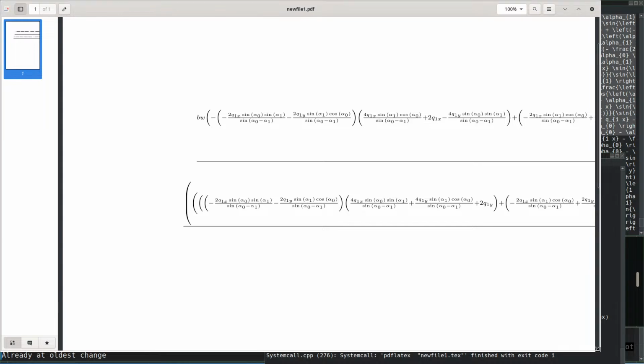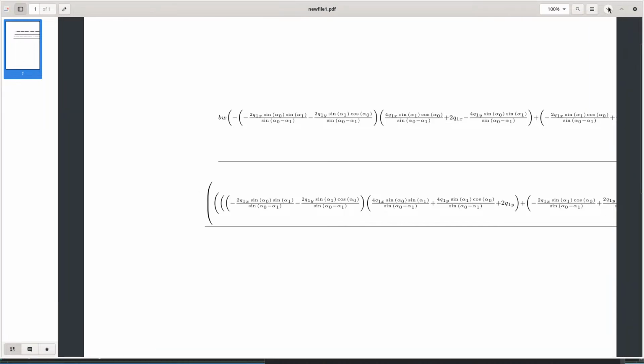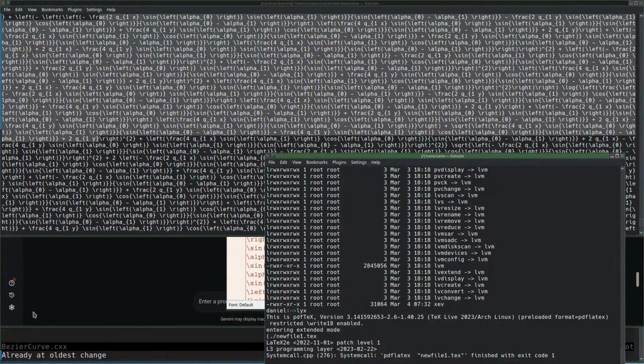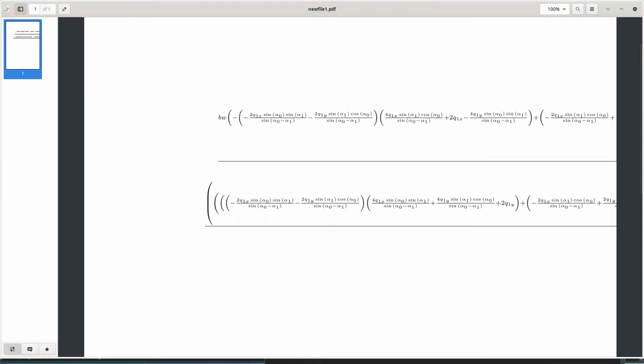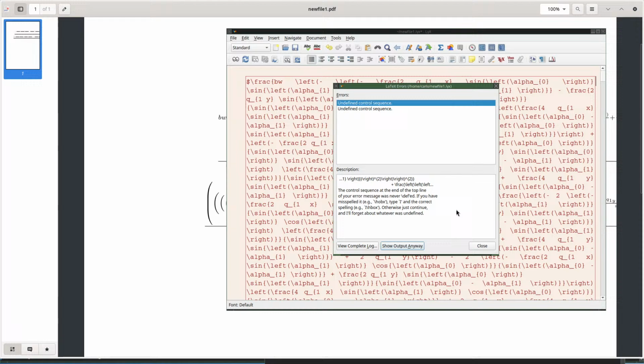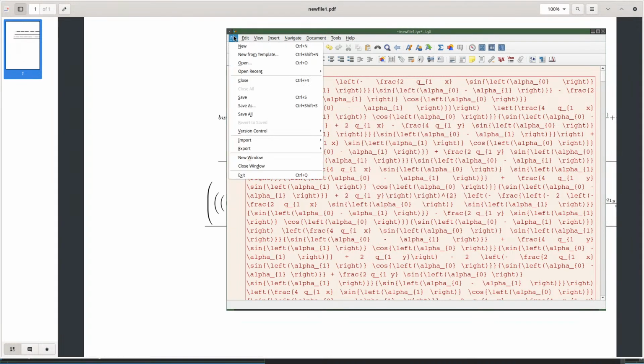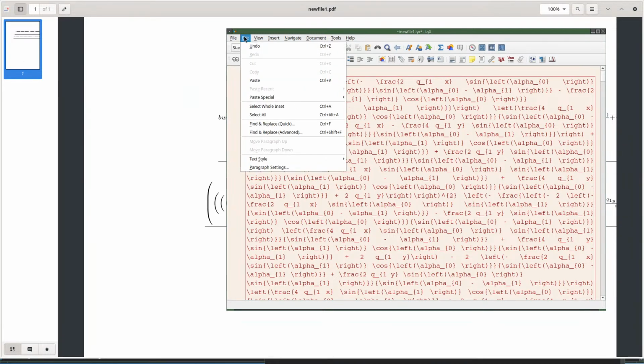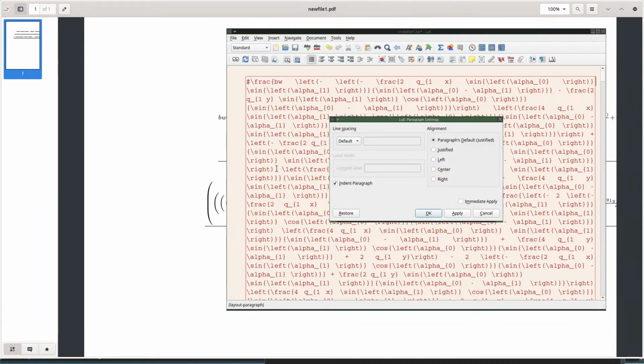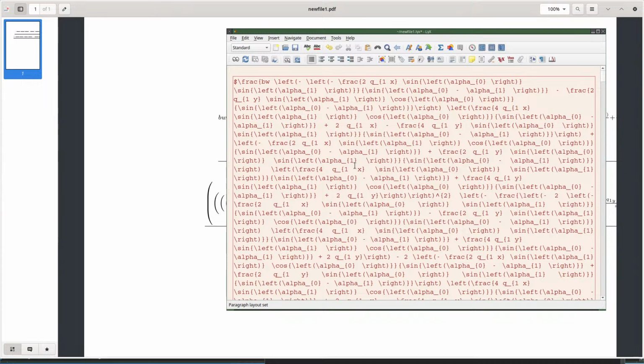That's the size. It's probably only this. Useless.